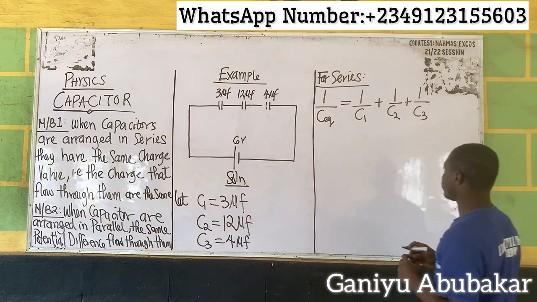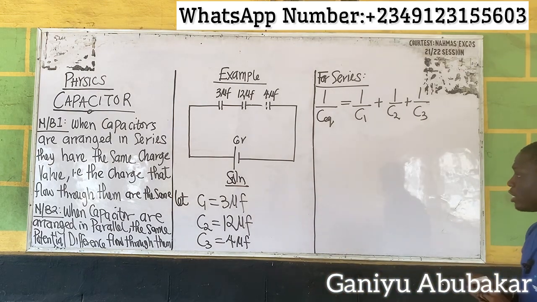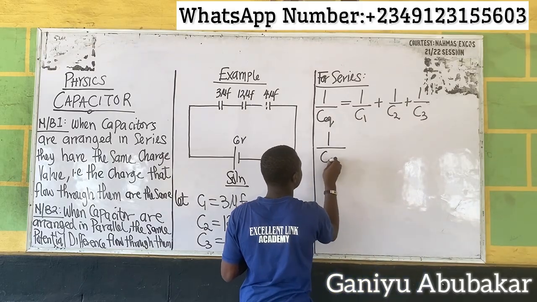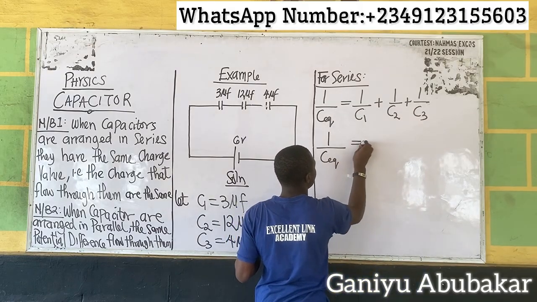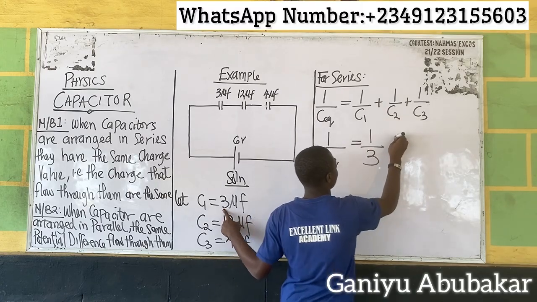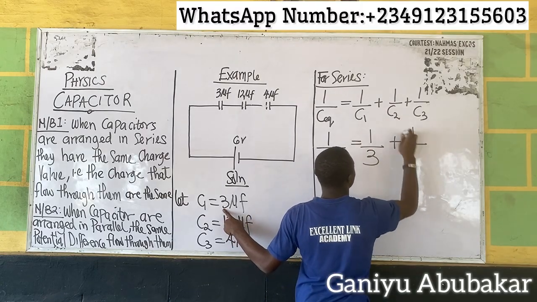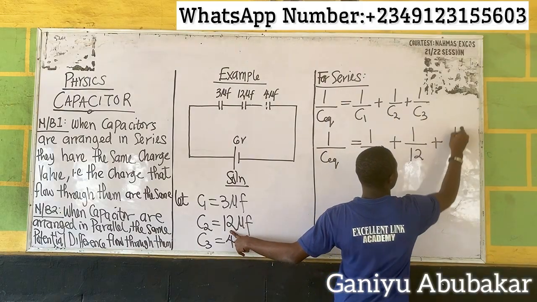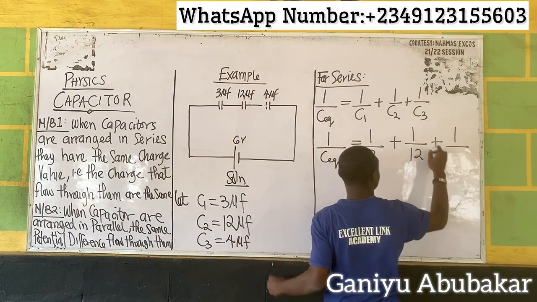Input your C1, C2, C3 into the expression. I'll have 1 over CEQ equal to 1 over C1, which is 3, plus 1 over C2, which is 12, plus 1 over C3, which is 4.